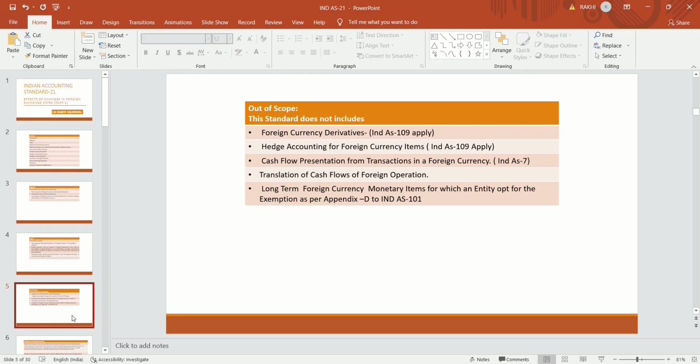So these are out of scope. This standard does not include foreign currency derivatives, hedge accounting for foreign currency items, cash flow presentation for transactions in foreign currency, translation of cash flows of foreign operations, and long-term foreign currency monetary items for which an entity opts for exemption. There is a separate standard to deal with these concepts.